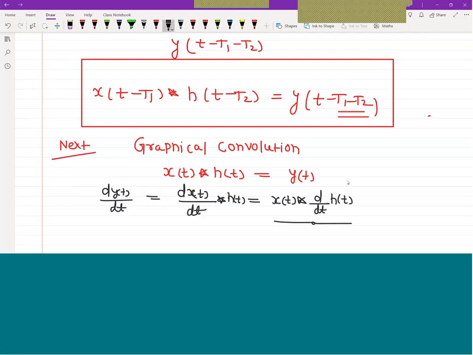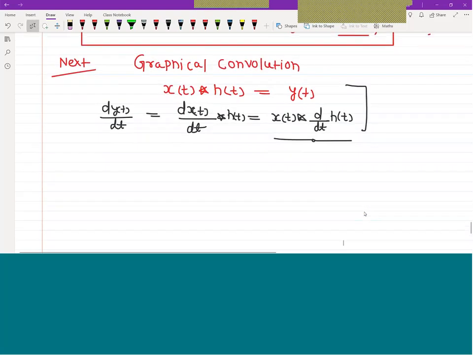This is the idea. So we will prove that this property is correct, and we will go for graphical convolution, and see how we can perform graphical convolution for the signals.